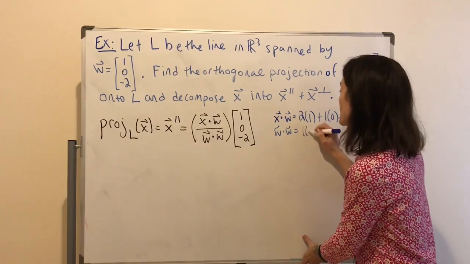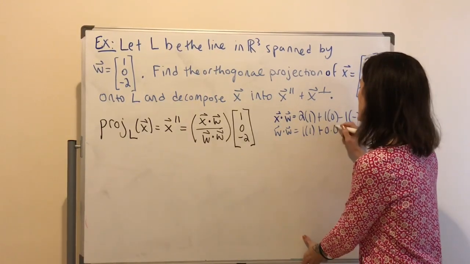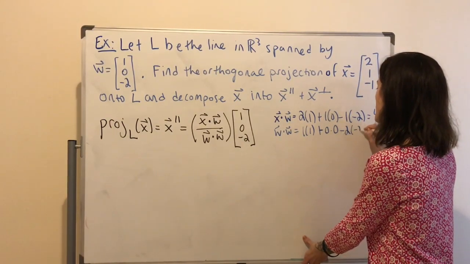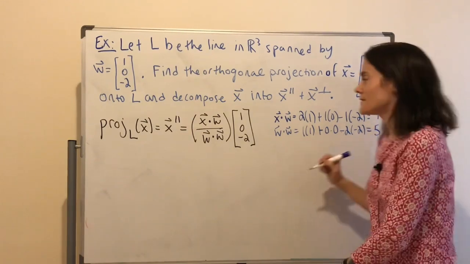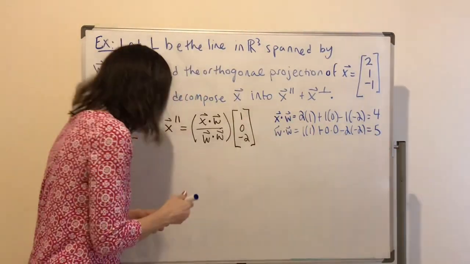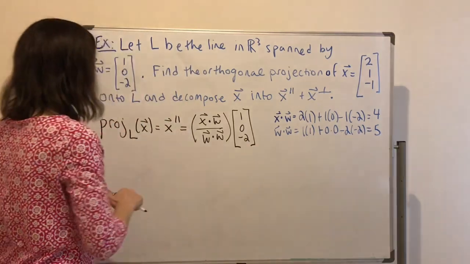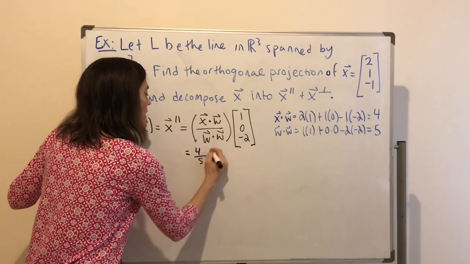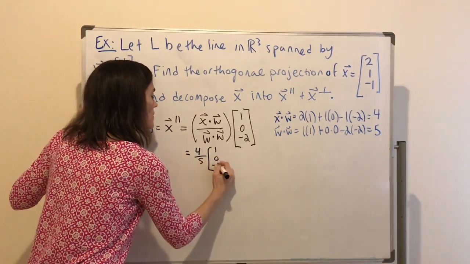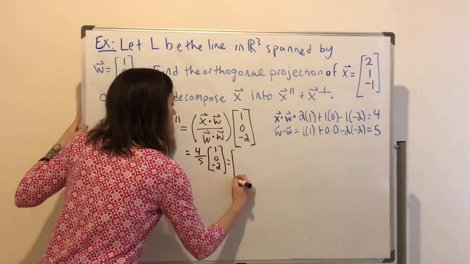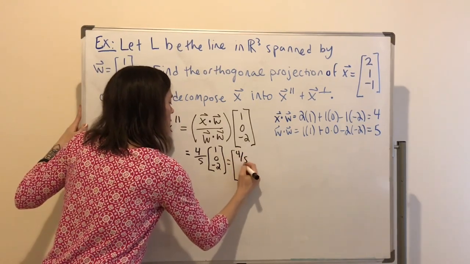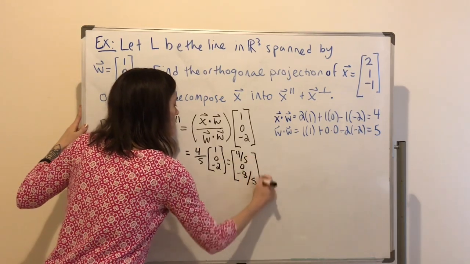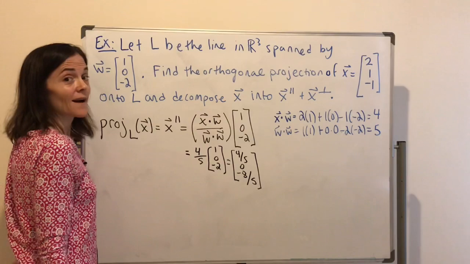This is 1 times 1 plus 0 times 0, and then minus 2 times minus 2. This is 5. Okay, so this projection of X onto the line is 4 over 5 times this vector, which is 4 over 5, 0, minus 8 over 5. Okay, so far so good.